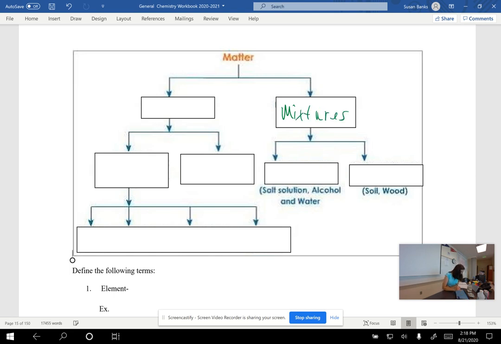I think I might have that backwards on the chart.